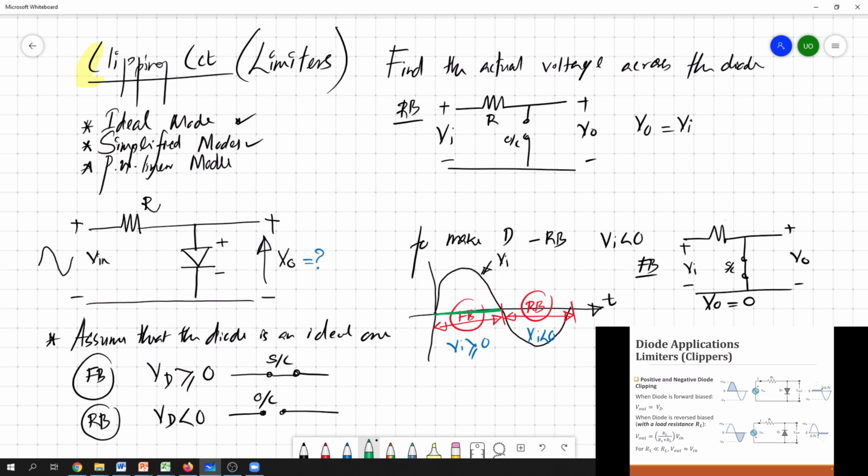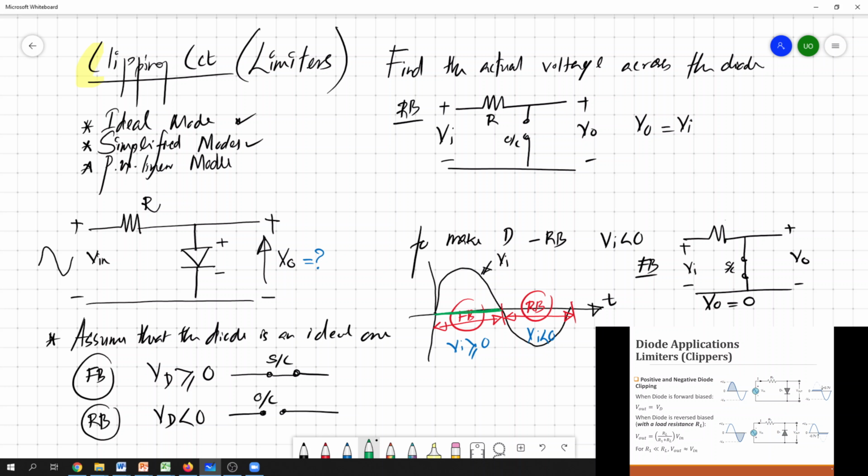So then we identify that it is forward bias when the input voltage is greater than 0. So then we found that the output voltage is simply 0. And when this input voltage is less than 0, that would get reverse bias.